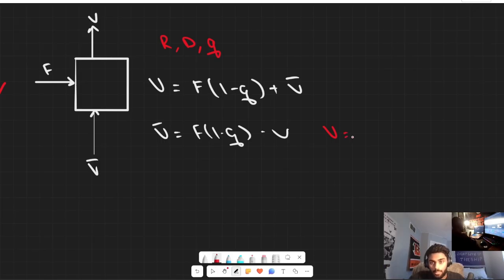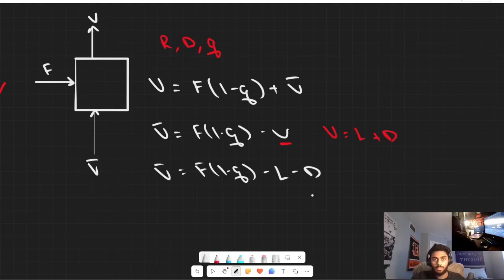So that looks something like this. So this now can go here, and we can do that like this. So V bar equal to feed 1 minus Q minus L minus D.